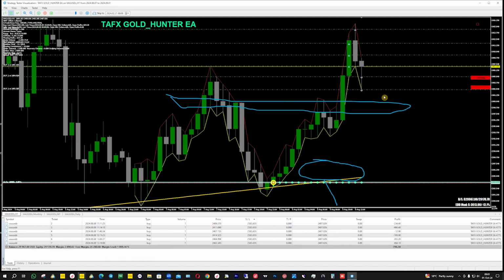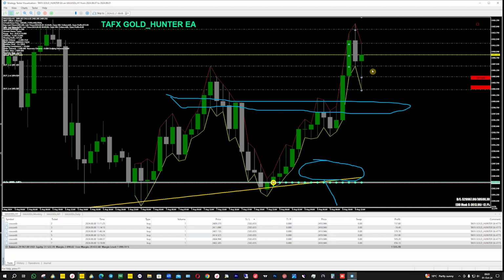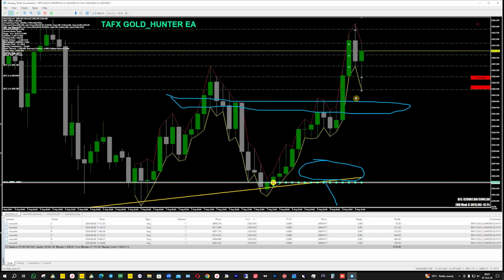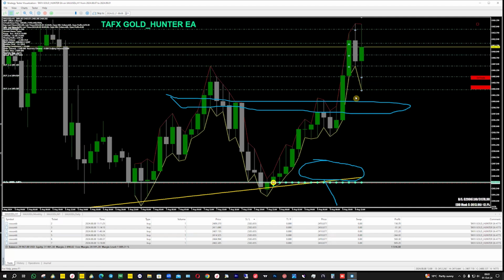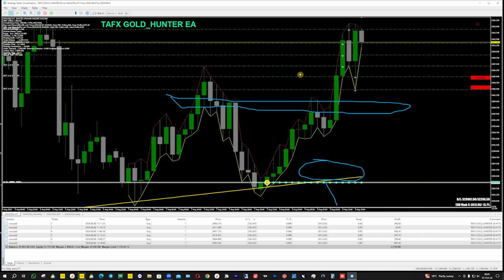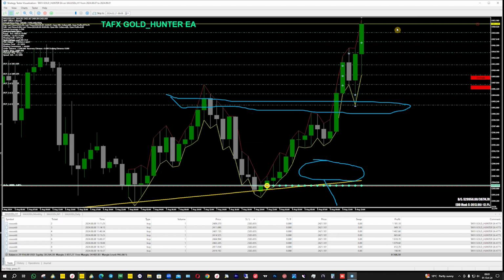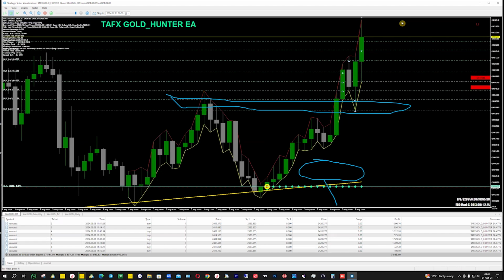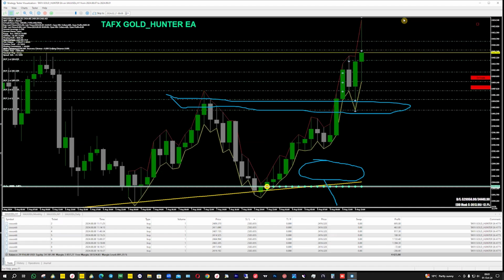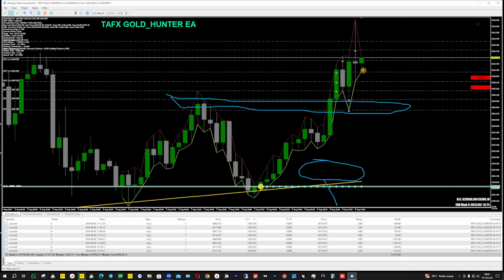Another 5. Remember, it will be 5 positions. So these are like 1, 2, 3, remaining another 2 positions. So if the market is not reversing, it will only add the positions of when the market is going on our side. It is as simple as that, guys.